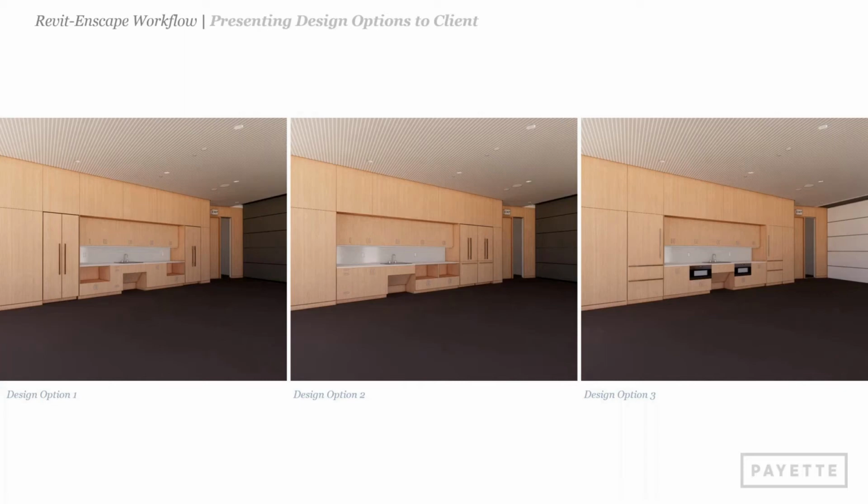So this is just an example of a simple kitchenette, but we did a study looking at 3 different layouts with different refrigerator types. And this was a really great way to export these images, get that out there to the team, so that we could get quick feedback. So it's part of that iterative feedback loop, and it's been a really helpful tool on the architecture side. If we go to the next.